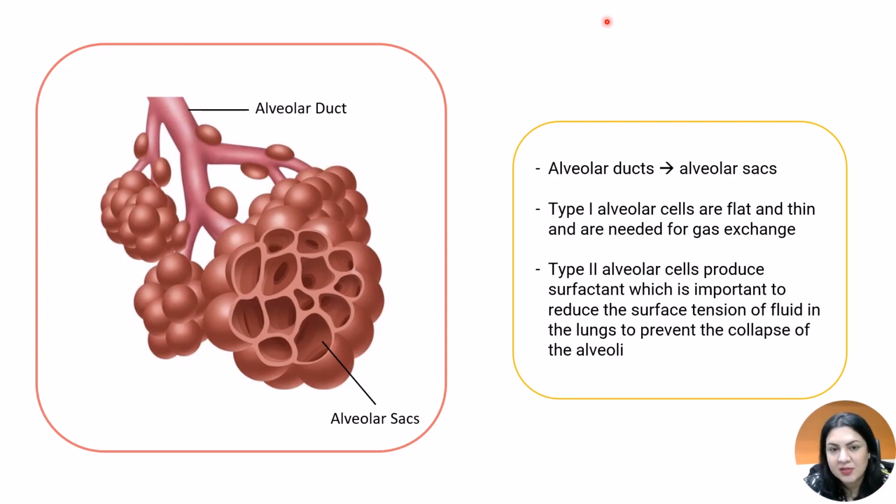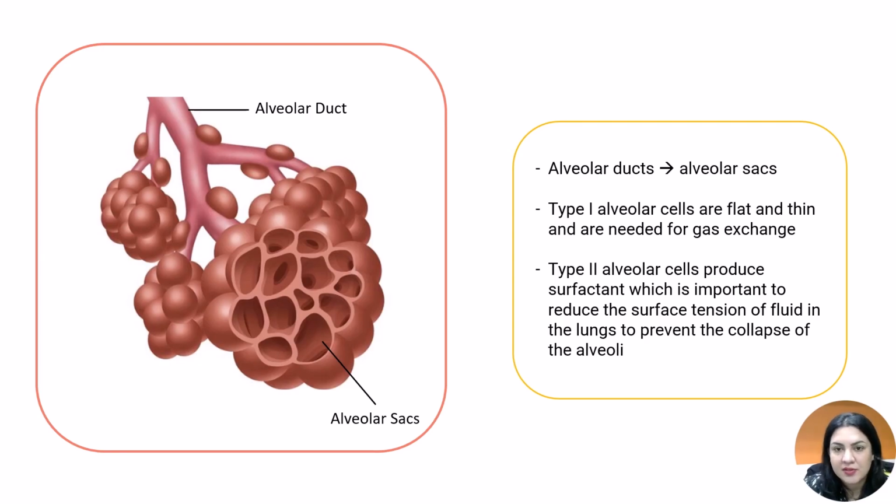Of course, simultaneously, the available surface area for this gaseous exchange is also increasing, right? And that's also going to enhance the functionality of this system. Now, another significant development is the development of the type 2 alveolar cells, which, as we mentioned a little earlier, are going to take on the role of producing surfactant.